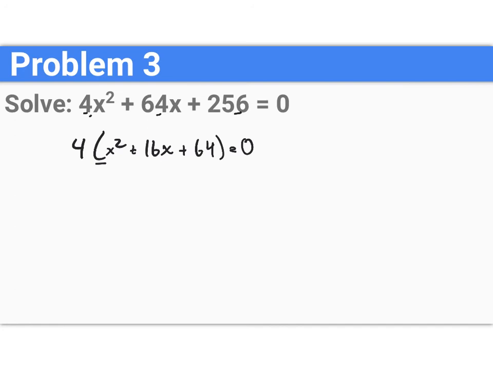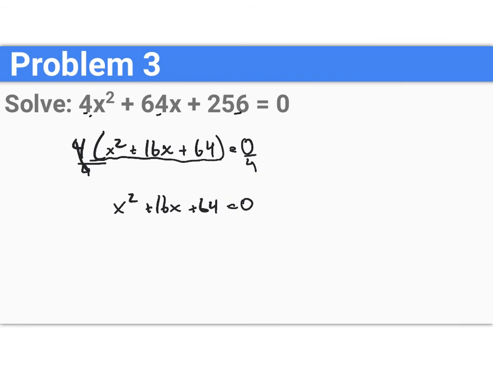If we divide everything by 4, we're just left with x squared plus 16x plus 64 equals 0. Because this 4 is being multiplied by that quantity, if we divide it out, it goes away. And then 0 divided by 4 is 0. Zero divided by any number will give you 0.